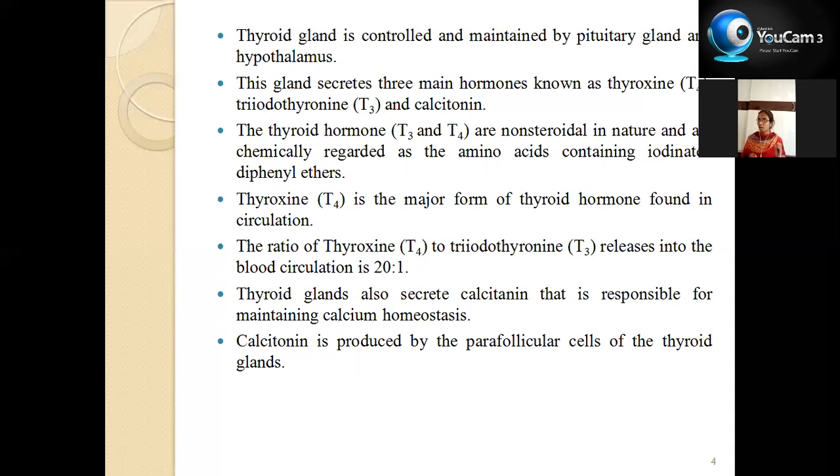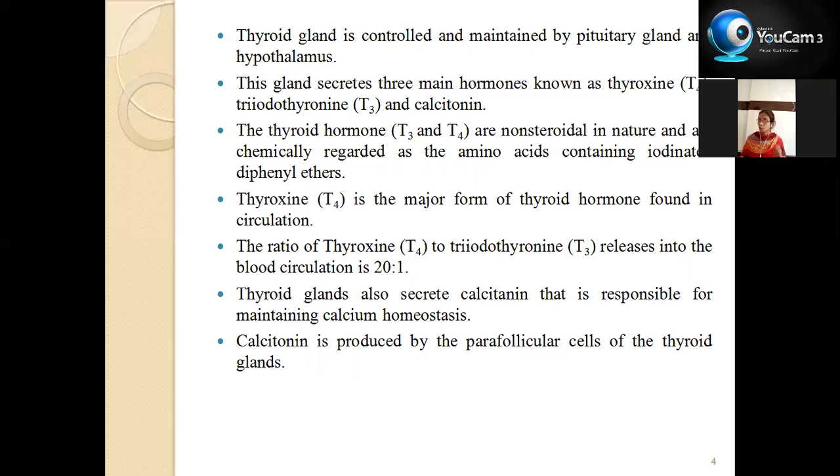The thyroid hormones, T3 and T4, are non-steroidal in nature and chemically regarded as amino acids containing iodinated diphenyl ether. Thyroxine is also known as T4. It is the major form of thyroid hormone found in the circulation.